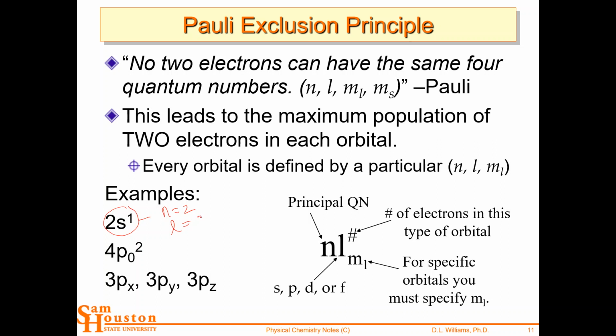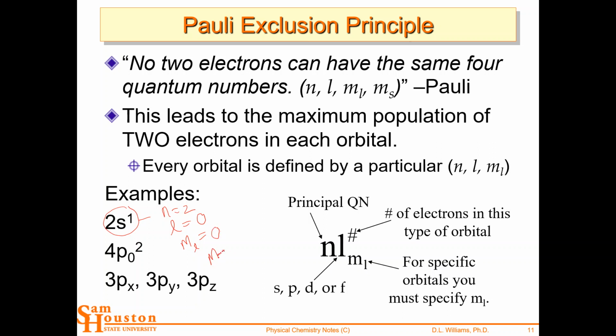It starts at 0, so L is equal to 0 for this one. So the s orbital, L is equal to 0. M sub L, it can only be one thing in this case, because it goes from minus L to plus L. And L is 0, so M sub L has to be 0.